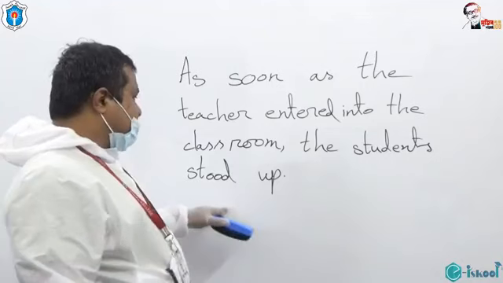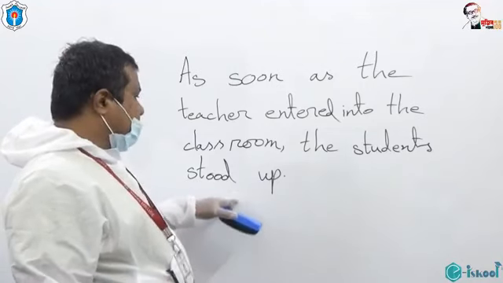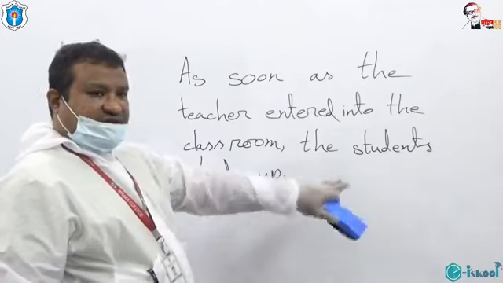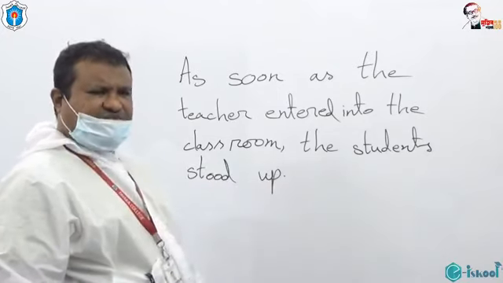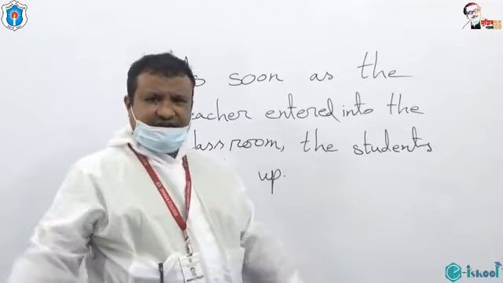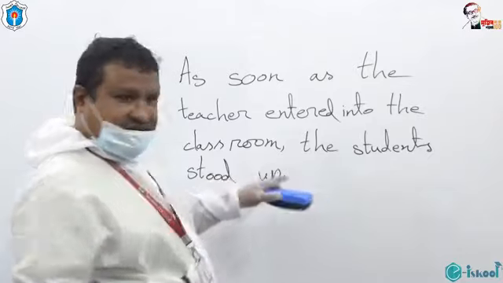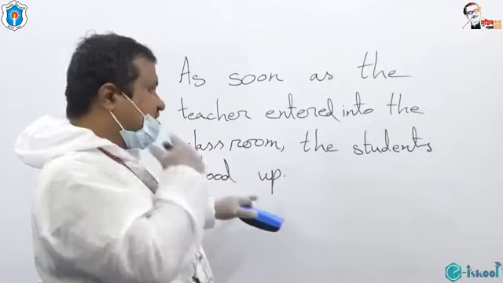And we see that the structure is the subject, then the main verb, then if you use any extension you may use it, but the structure is the subject plus the main verb.